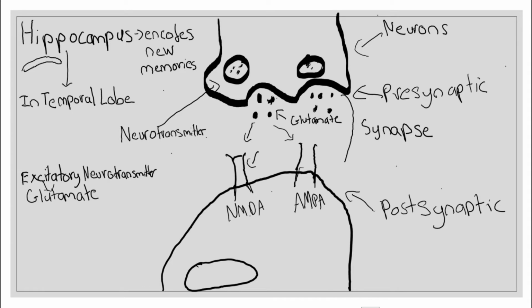NMDA reacts a little bit slowly, and it takes a lot of action potentials. An action potential is basically how the neuron passes down information from the first neuron's cell body to the next neuron's cell body.